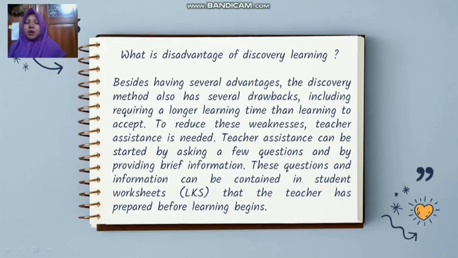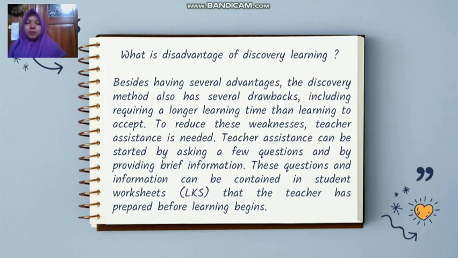Okay, and the next slide about what are the disadvantages of discovery learning. Besides having several advantages, the discovery method also has several drawbacks, including requiring a longer learning time than learning by being told. To reduce this weakness, teacher assistance is needed.